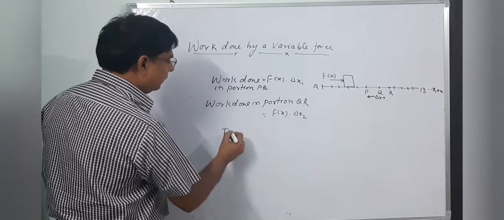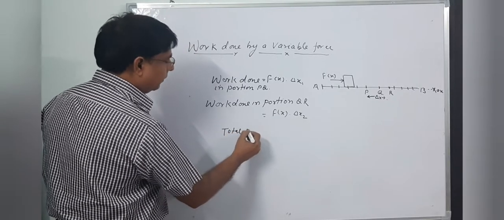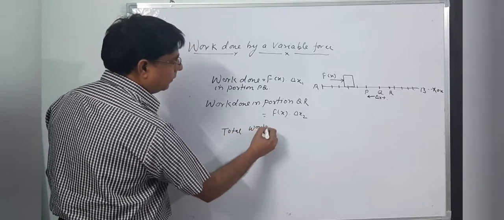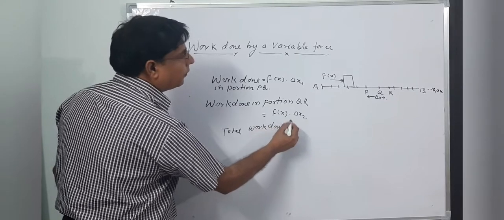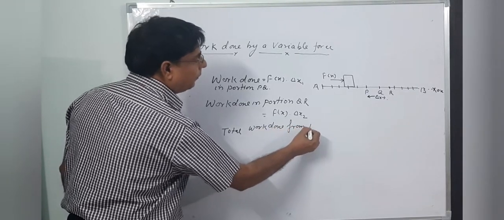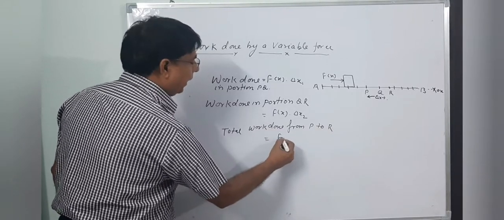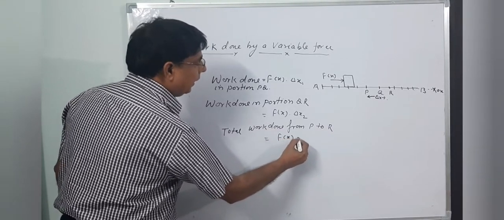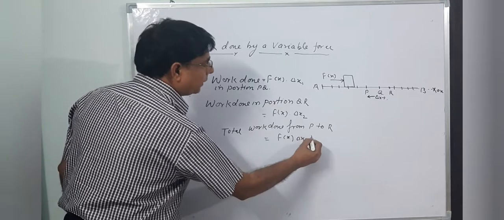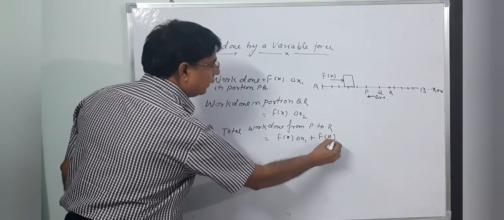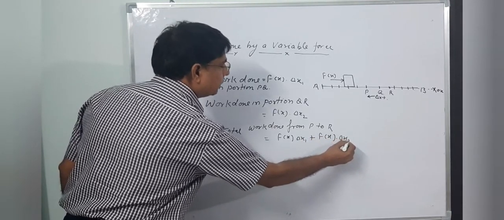Total work done from P to R will be equal to Fx delta x1 plus Fx delta x2.